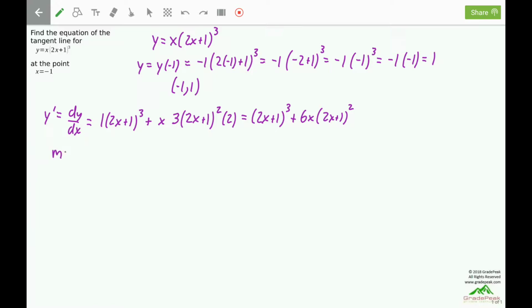The slope is found by plugging in the x coordinate to our derivative, so the slope will be y prime of -1. And you just simplify the derivative enough until it's possible to plug in the x coordinate.